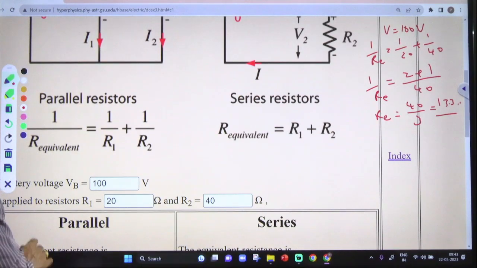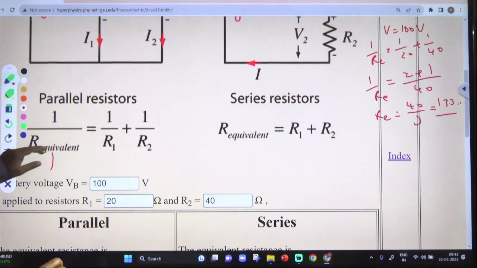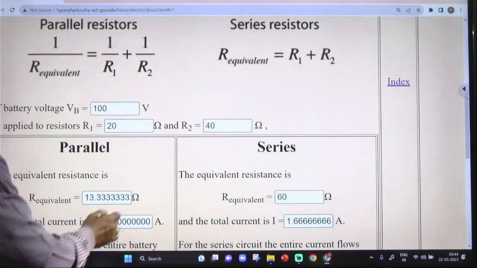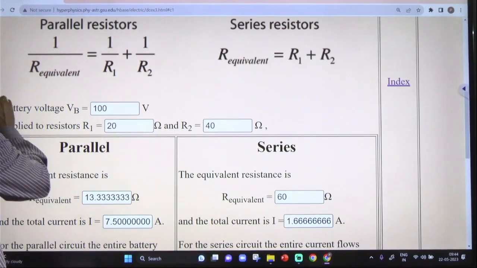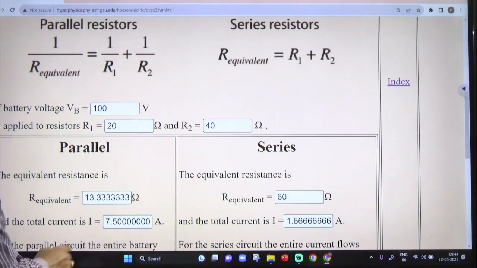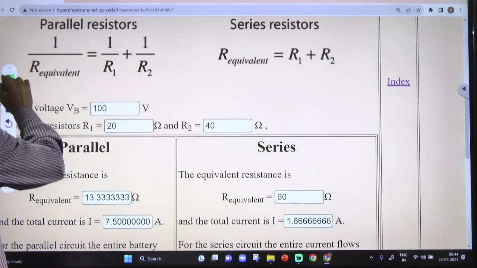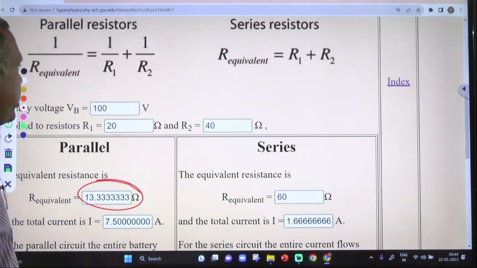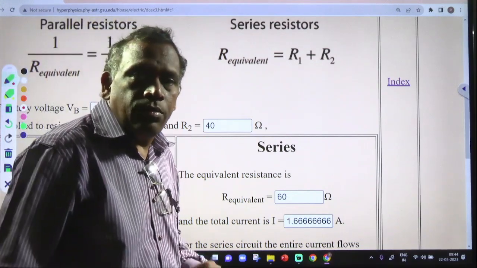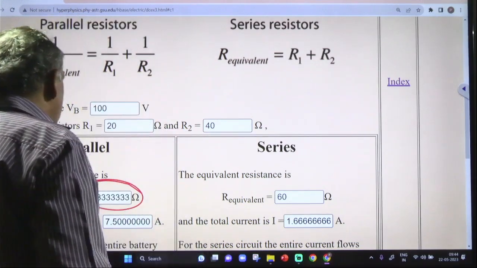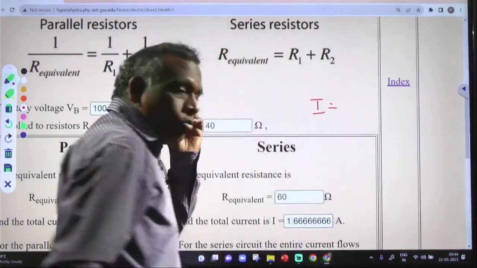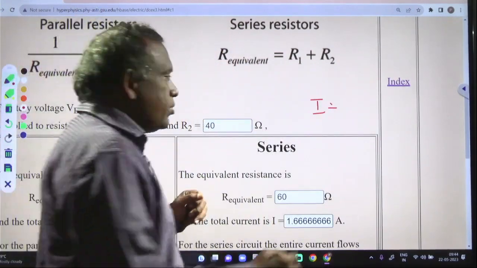We just check it. You got the same answer, 13.33, the R equivalent in the case of the parallel connection. But what is the total current? Total current I equals voltage by R equivalent.